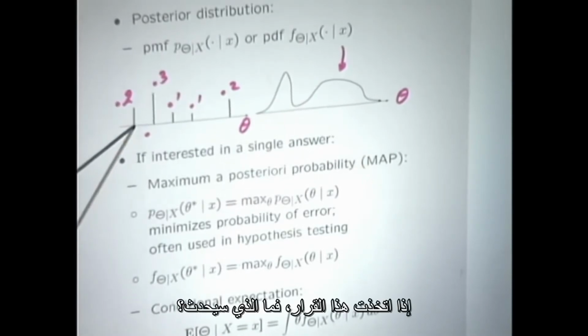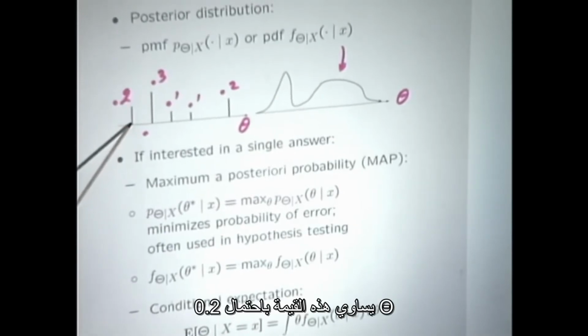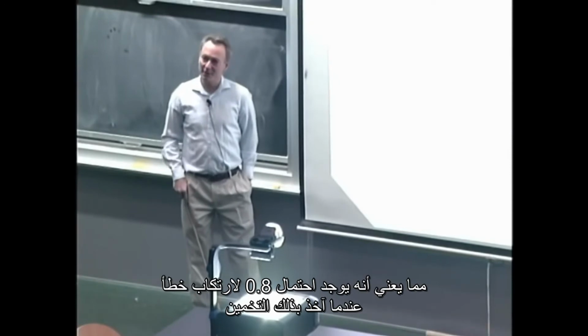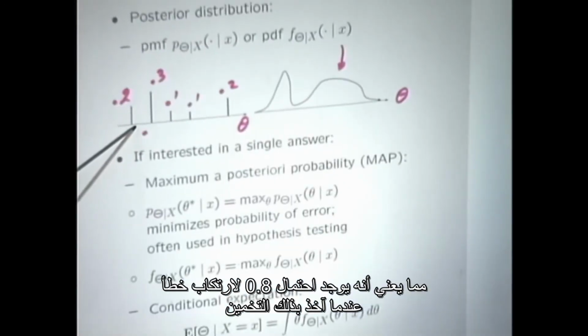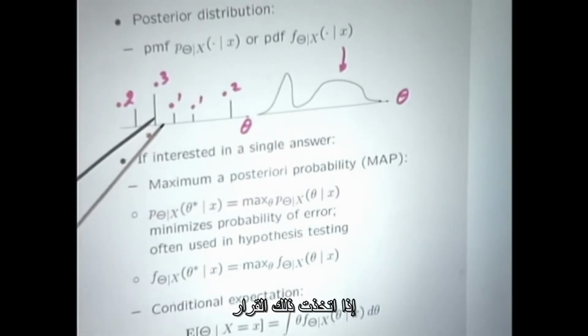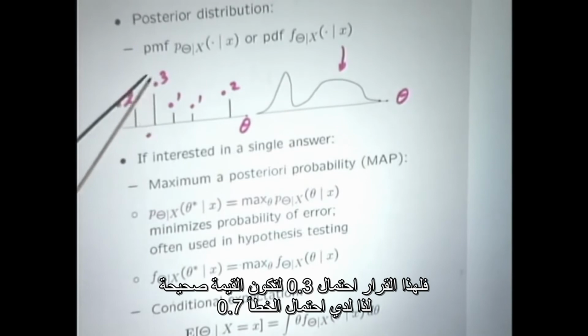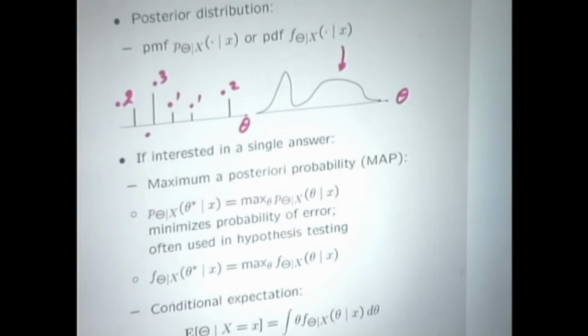If I make this decision, what's going to happen? Theta is this value with probability 0.2, which means there's probability 0.8 that I make an error if I make that guess. If I make that decision, this decision has probability 0.3 of being the correct one, so I have probability of error 0.7, and so on.